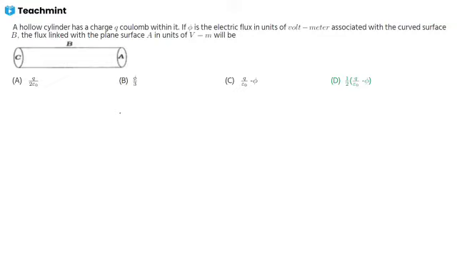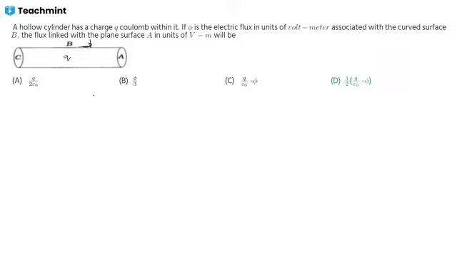A hollow cylinder has a charge q coulomb within it. If phi is the electric flux in units of volt meter associated with the curved surface B, then the flux linked with the plane surface A in units of volt meter will be?